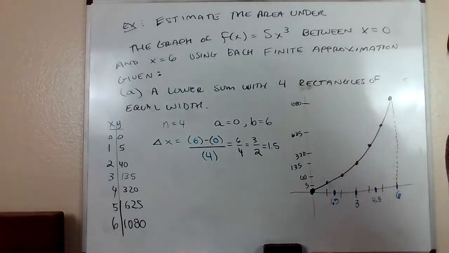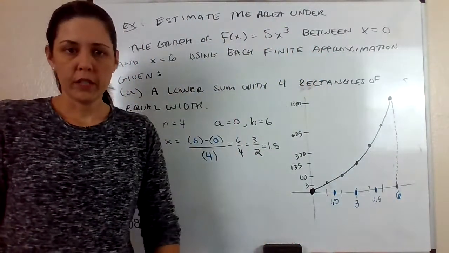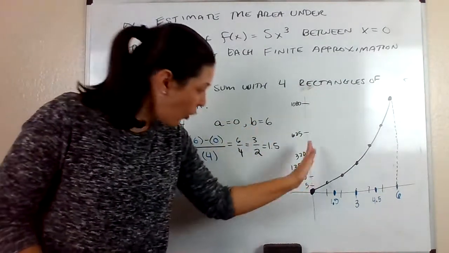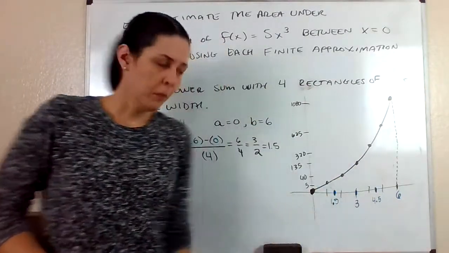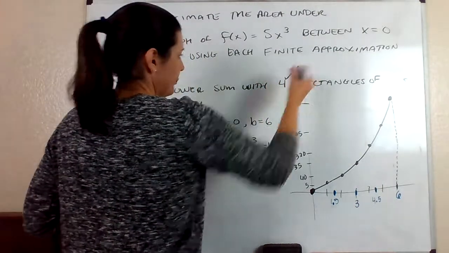So that's what we're doing first, just splitting up our region into 4 parts. If this said 20 parts, I would have a whole lot more marks down here, but we're just going to focus on 4. So that was this part.